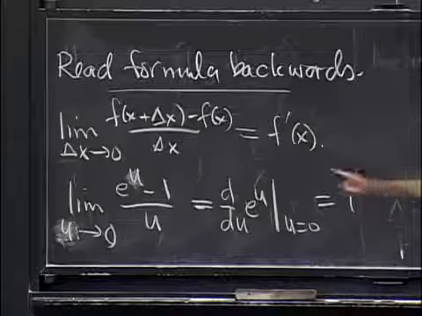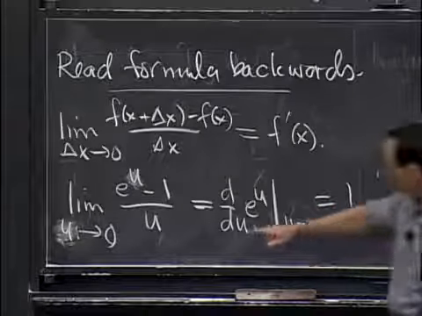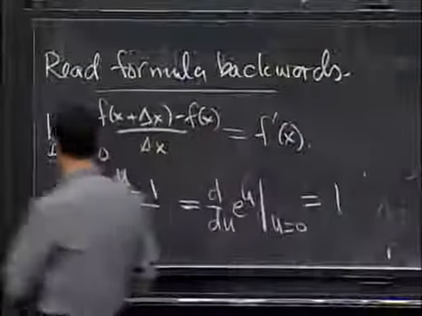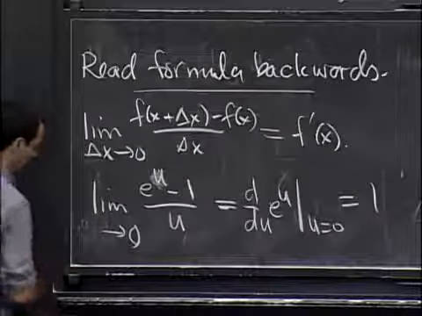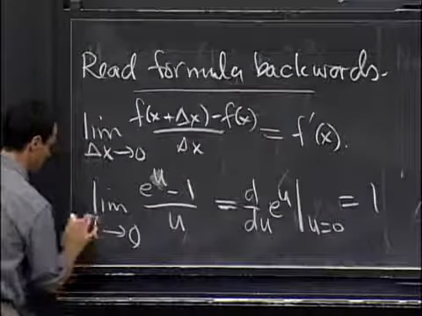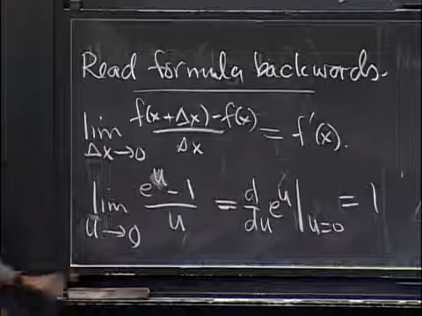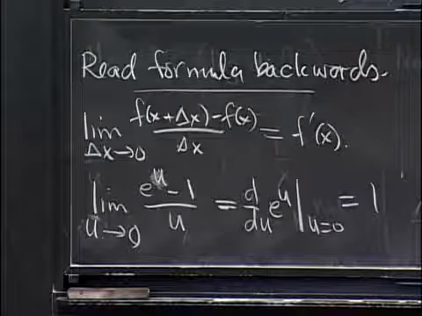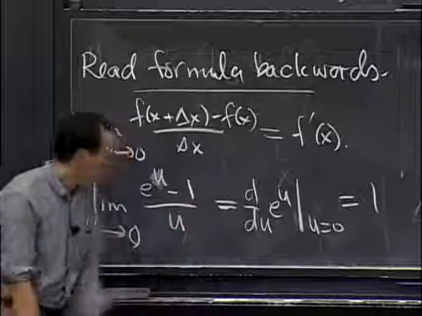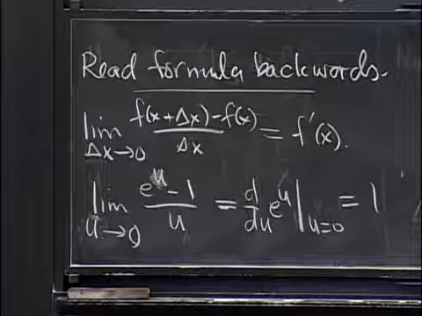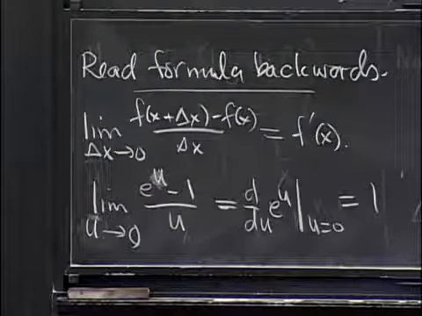All right? So this is reading this formula in reverse. It's recognizing that one of these so-called difference quotient limits is a derivative, and since we know a formula for that derivative, we can evaluate it.